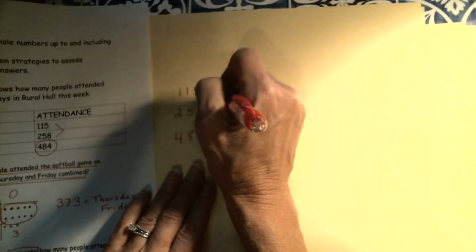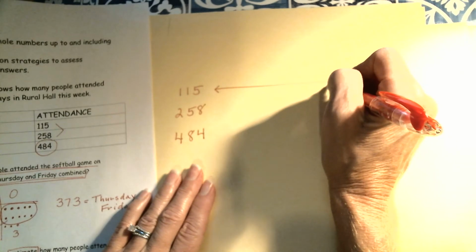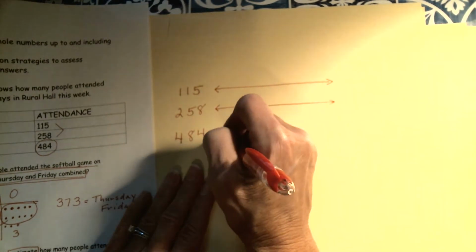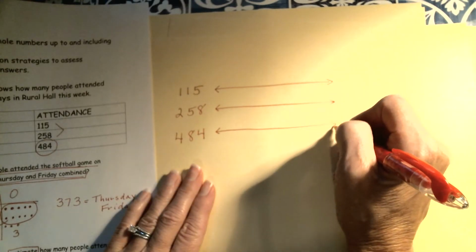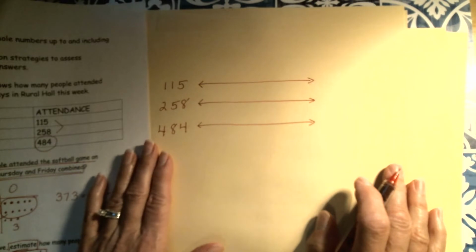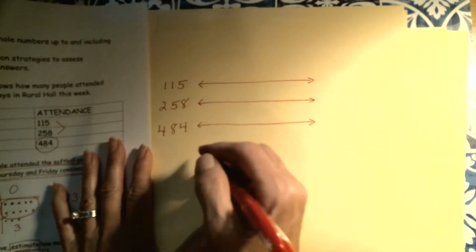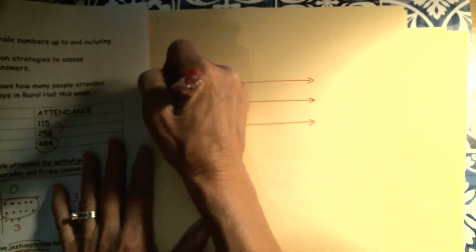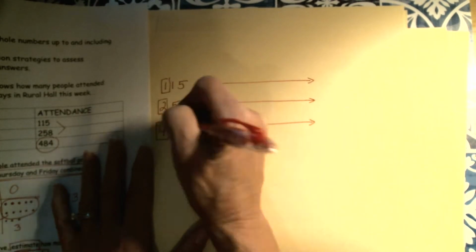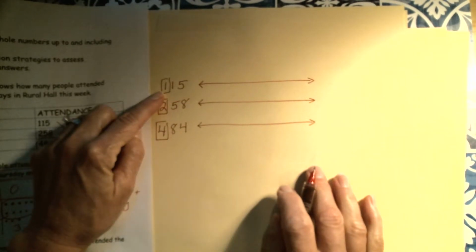Now, one of the ways to estimate is using number lines. I like this way because it's a visual way to see the estimate. So I'm going to do what's called front end estimation. This is hundreds, so I want to round to the hundreds.